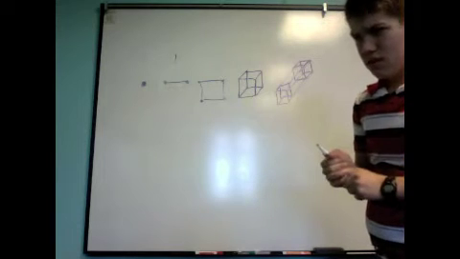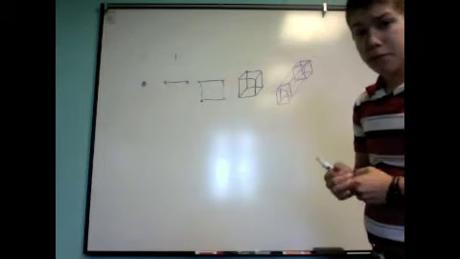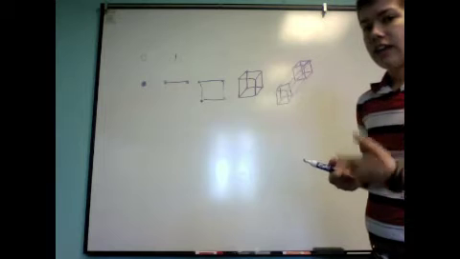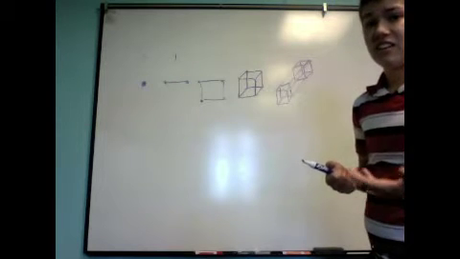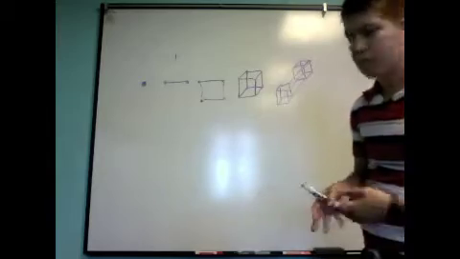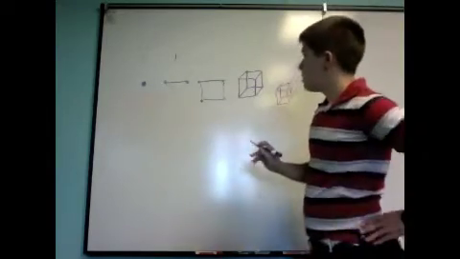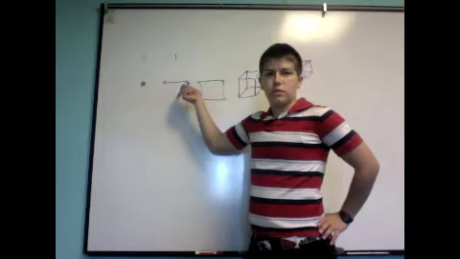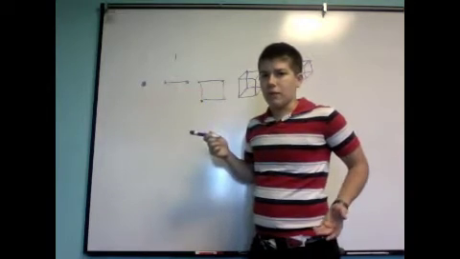So, I think it was last year, the year before, I came up with an easier way of drawing these things, or at least representing them. There's not really many ways to represent it.